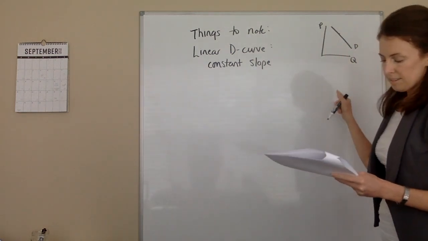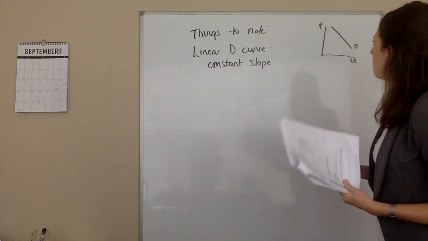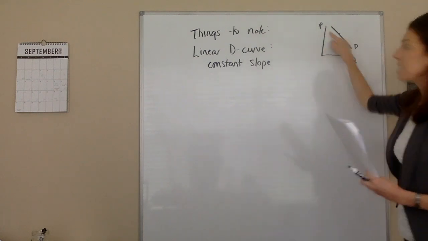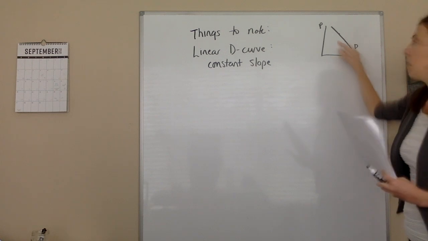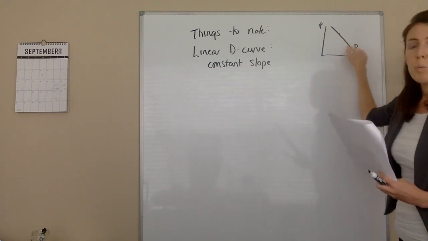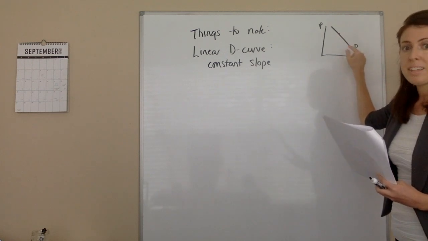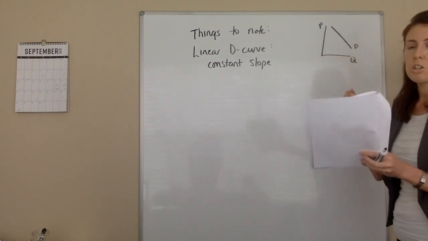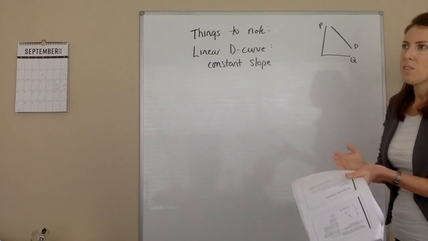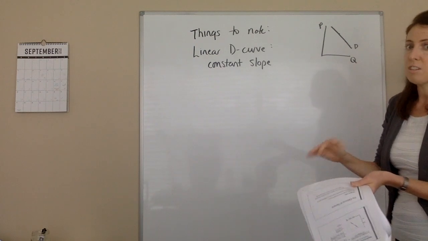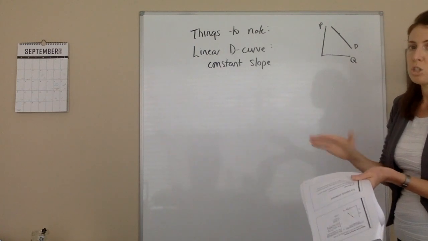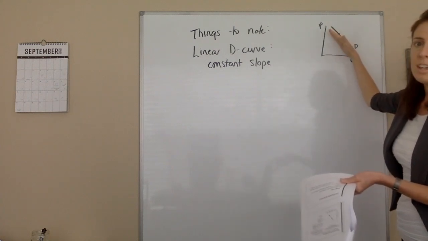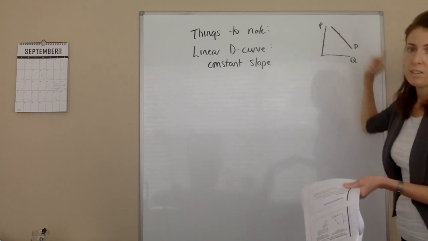Okay, the reason I'm pointing this out is because along the same demand curve that's linear, so the slope is the same everywhere on this demand curve, different portions of the demand curve are going to have different elasticities attached to them. So this is important because you should not think that slope is the same thing as elasticity. It's not. There's a relationship between the two, but they're two very distinct things. So even when the slope doesn't change in a line, the elasticity can change across the line.